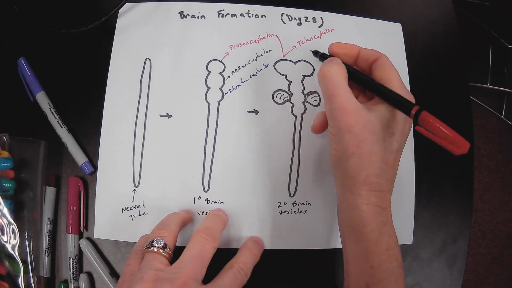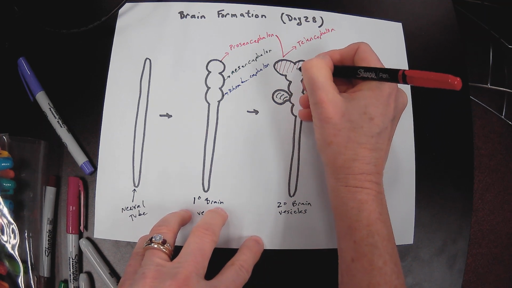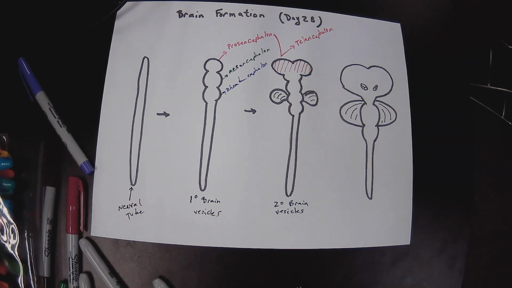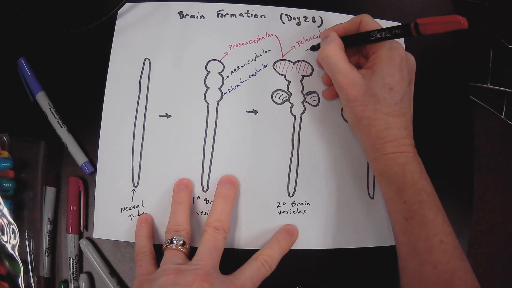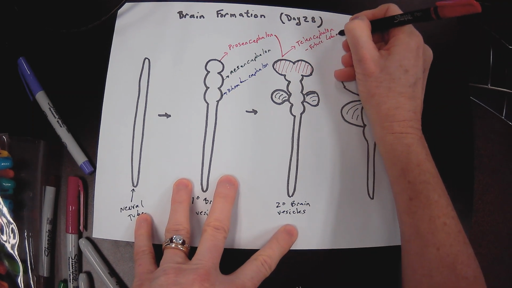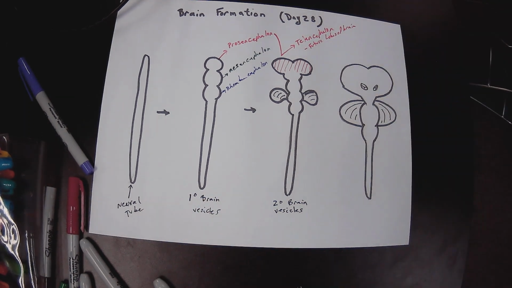Your telencephalon is nothing more than this topmost area here. Your telencephalon is the future lobes of the brain, the future cortical region.